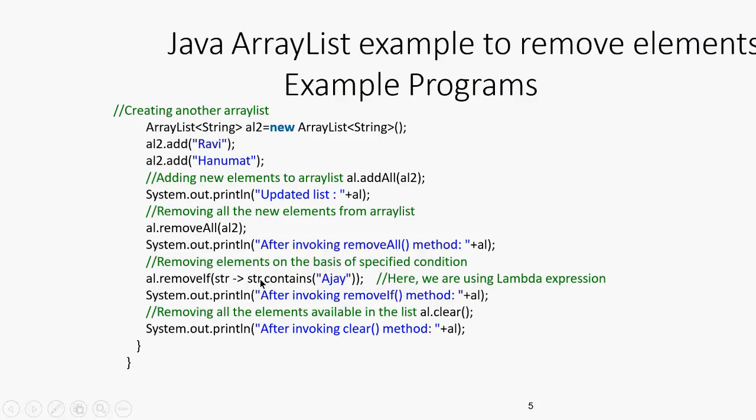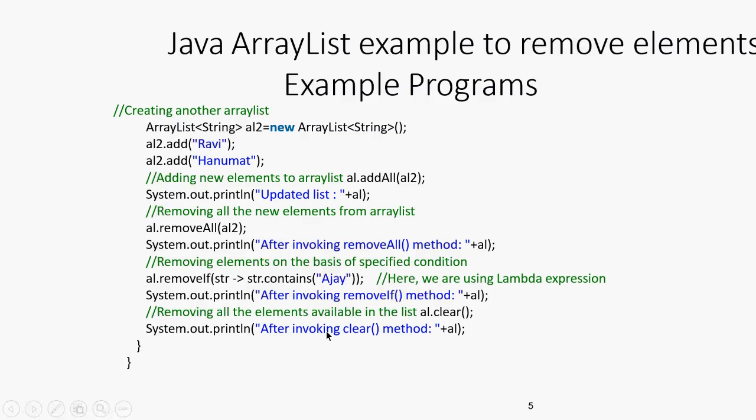You can also see a removeIf here, where remove has a predicate, where you have set a condition that you need to remove if the string contains the name Ajay. So if any name starts with Ajay or a sub portion of your name holds Ajay, that name would be removed. And using clear, you can just clear the list.